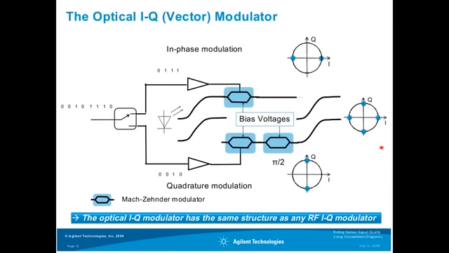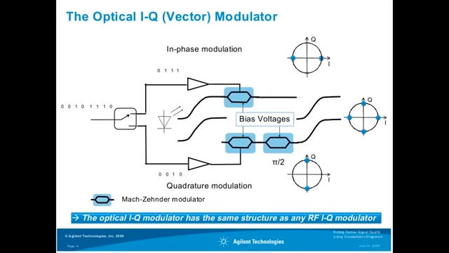So how does the optical IQ or vector modulator look like? I have here a basic outline of this. Of course, it has the same structure. We have at the beginning our data stream with a multiplexer to the in-phase and the quadrature path. We have our driver amplifiers for the modulators.